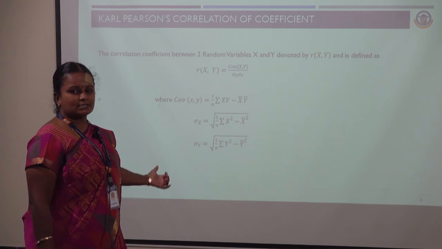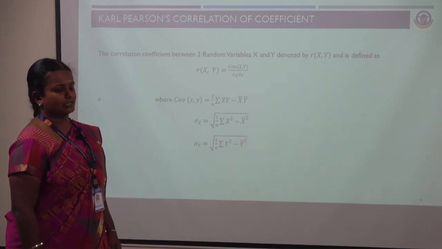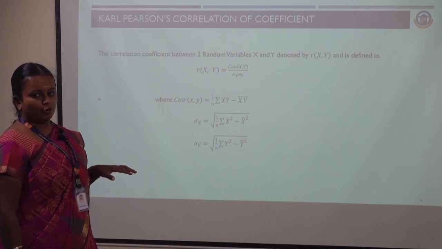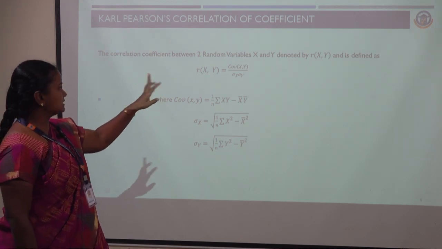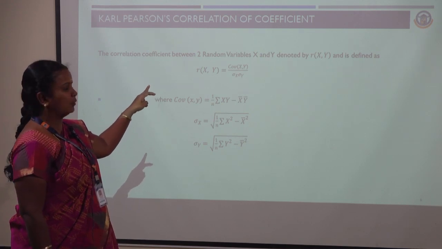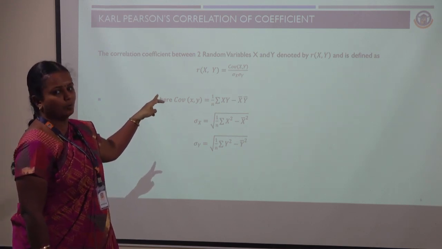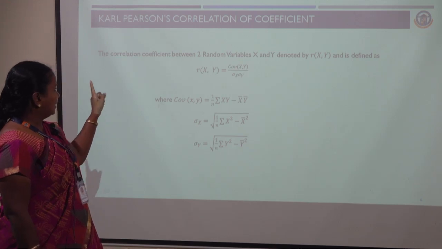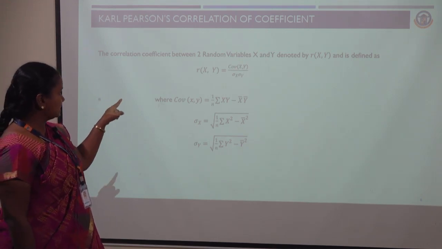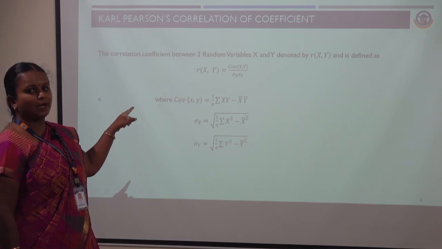Next, we discuss Karl Pearson coefficient of correlation. The correlation between two random variables x, y is denoted by r(x, y) and is defined by the formula r(x, y) equals covariance of x, y divided by sigma x into sigma y. Here covariance of x, y is summation xy by n minus x bar y bar.